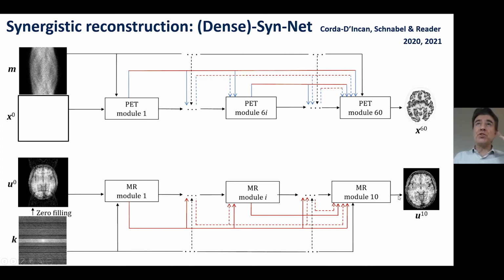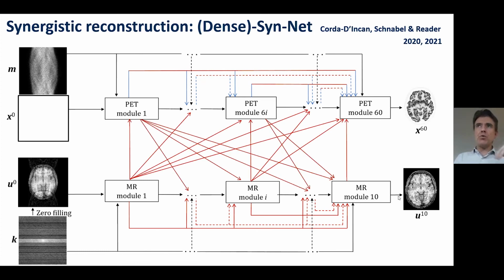But what we do with the synergistic is to now, a bit like what we saw with the conventional synergistic reconstruction, just interconnect every possible update. So that means that a given update of the PET reconstruction not only can take on all the previous MR iterates, but can also take on board all its own previous iterates. So we get the self-guidance, we get the guidance from the MR, and all of that information at any given iteration is learned.